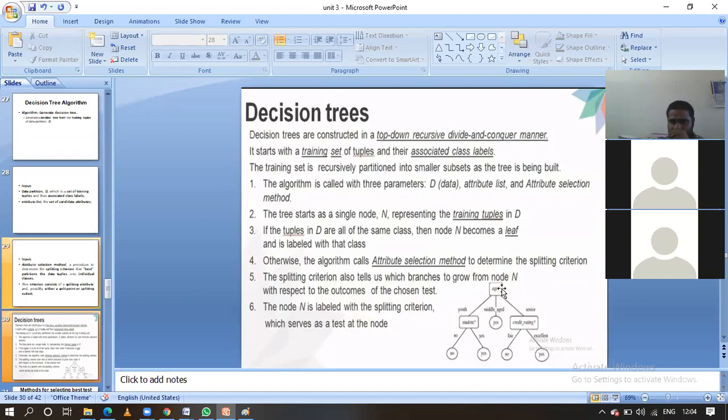If all the class labels are the same, we make that a leaf node. Here, youth and seniors have different values. That is why the attribute selection method comes into the picture. With the help of that, we make student the node, and credit card rating the internal node for this one here, guys.